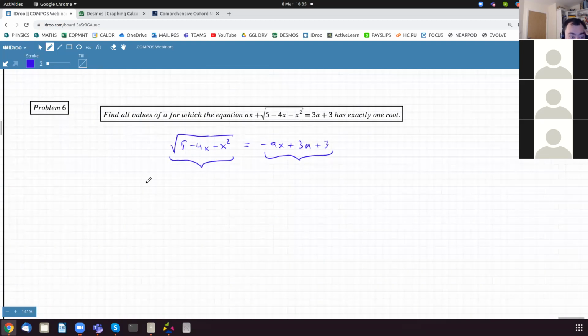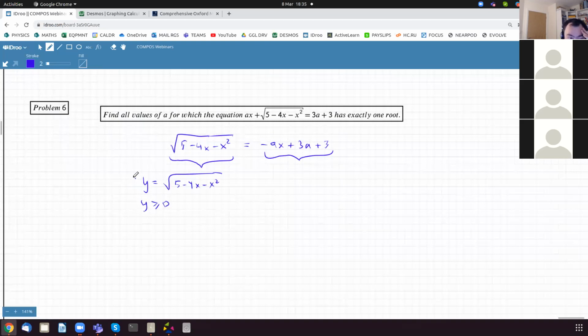So that's what I'm going to do. I'm going to say that this is y equals square root of 5 minus 4x minus x squared. But I have to keep in mind that y has to be positive, because the square root cannot take negative values.